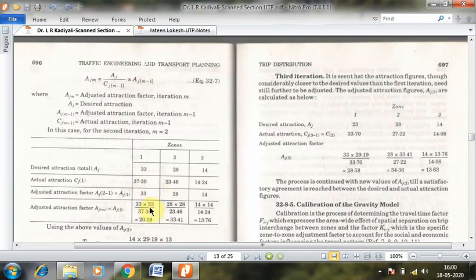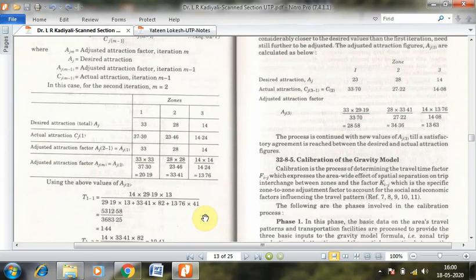On similar grounds you will have to find the adjusted attraction factors for zone 1, zone 2 and zone 3. Accordingly you will get those answers. This set of adjusted attraction factors for zone 1, zone 2 and zone 3 needs to be used to carry out the next iterative process.